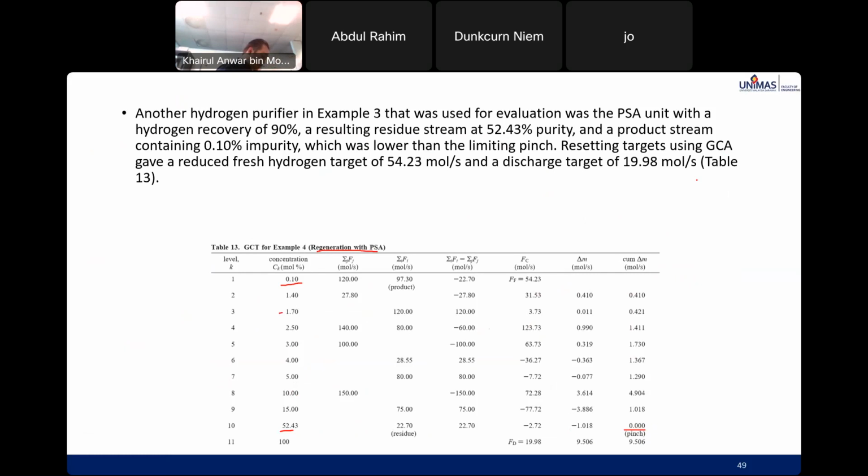With the introduction of PSA, the FF here, minimum fresh flow rate, is actually reduced to 54.23 mole per second.